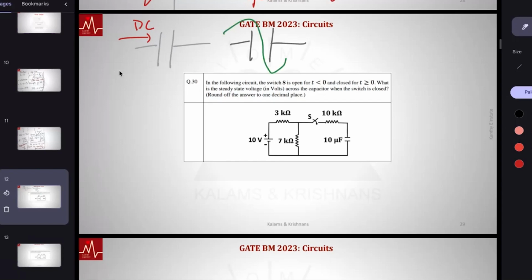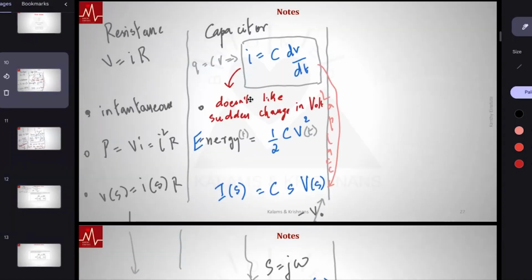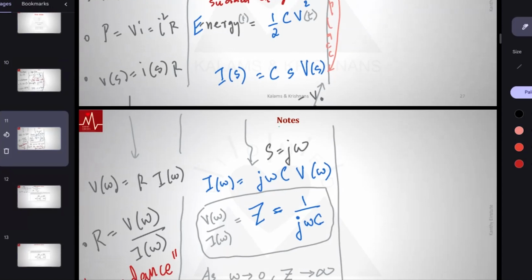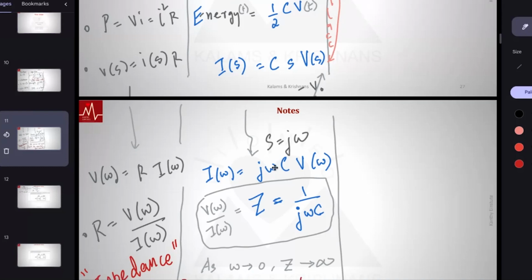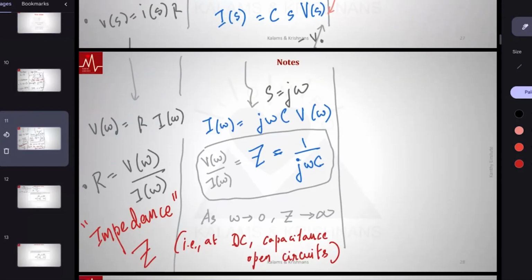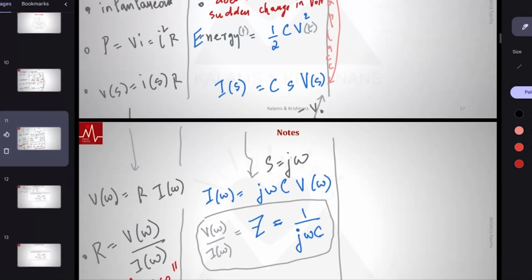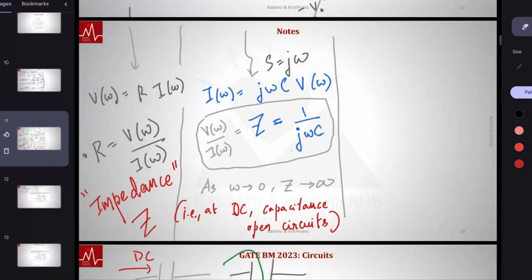What is happening is, notice at omega equal to 0, this is DC, Z is infinite. This also you can afford to forget. I know this Laplace transform, Fourier transform, fine. But impedance is 1 by j omega C. You know those 4 things and the consequences of that, you could answer most of the GATE questions.